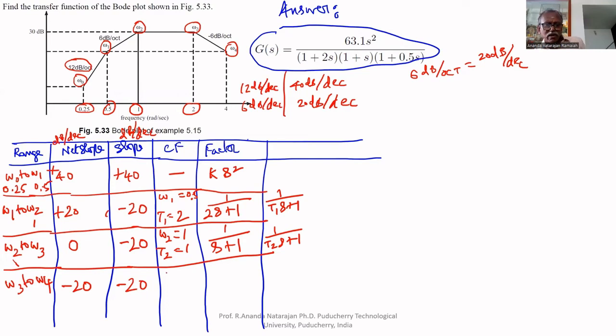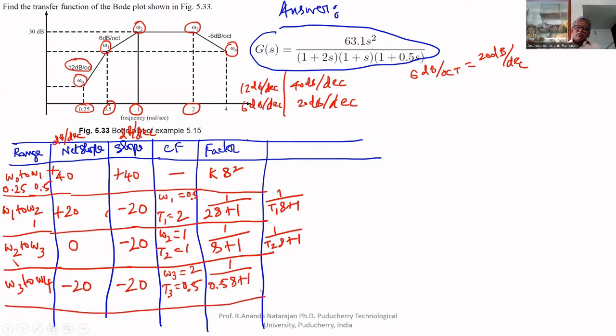Omega 3 is given as 2. Therefore, T3 equals 1 by 2, equal to 0.5. Therefore, the factor is 1 by 0.5 S plus 1.